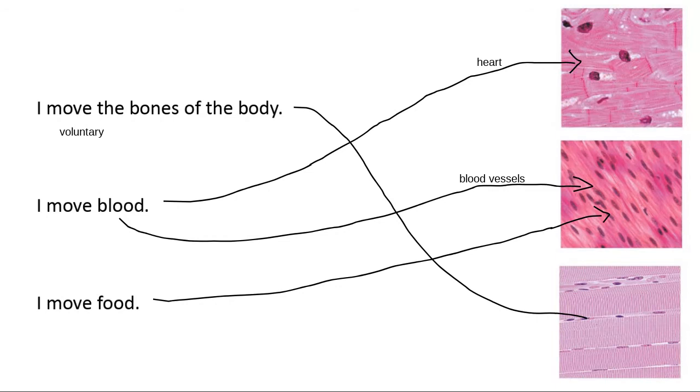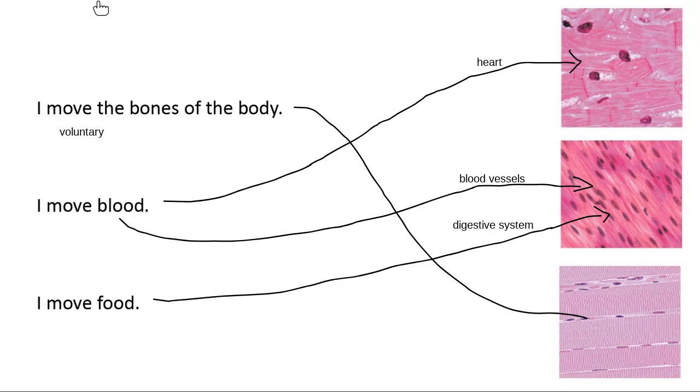Who remembers my favorite system? We haven't talked about it much. Yep, the digestive system. That's my favorite. So, smooth muscle in the digestive system helps us to move food. Smooth muscle in the blood vessels helps us to move blood.